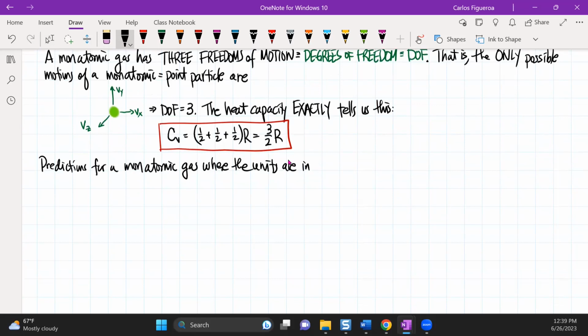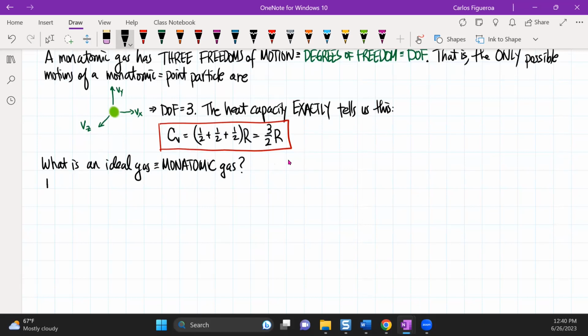Let's not do that. Nope. Sorry. I think the right question to ask is, what is an ideal gas? And we've already defined it that this is a monatomic gas. What does that even mean?